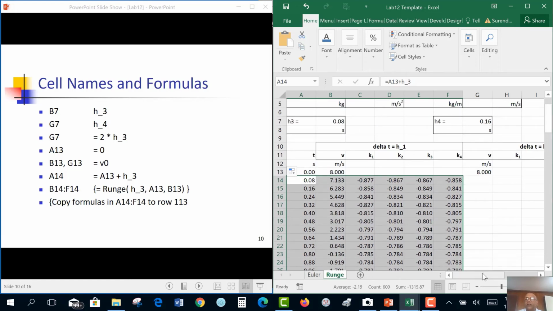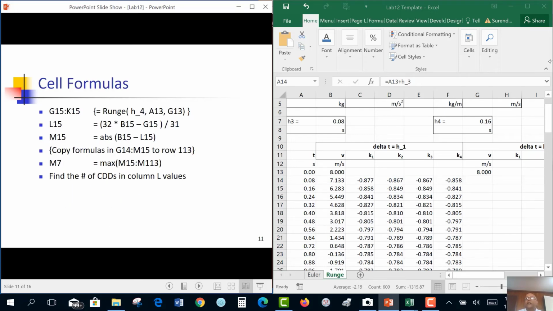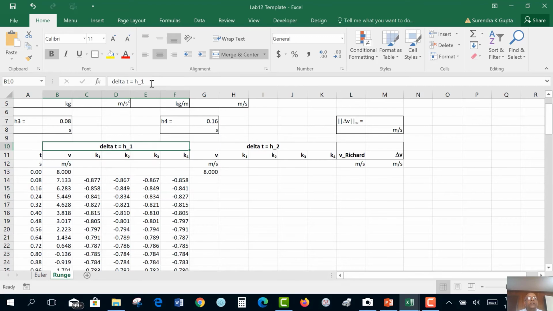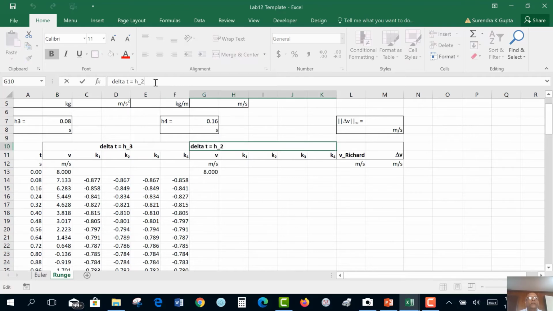Okay, so we are done with time step is equal to H3. Okay, so now let's do for next time step. So this was H3, and this is going to be for H4.